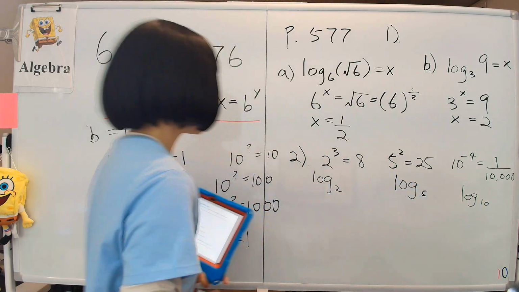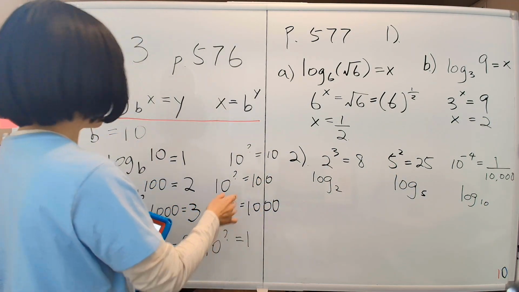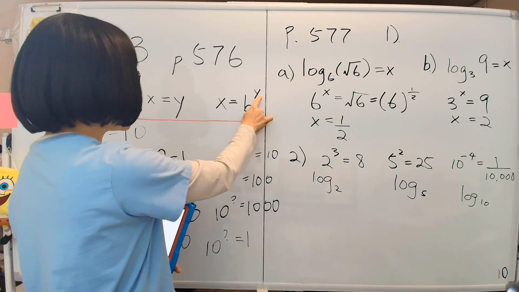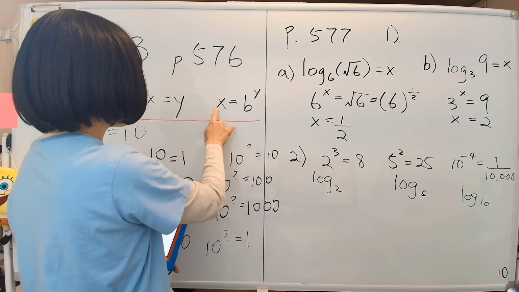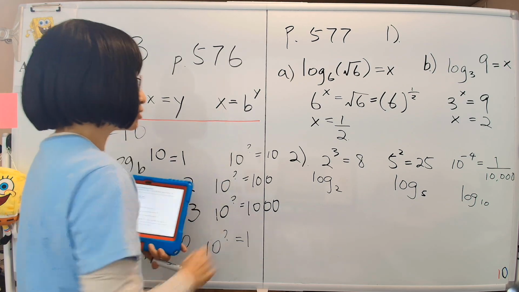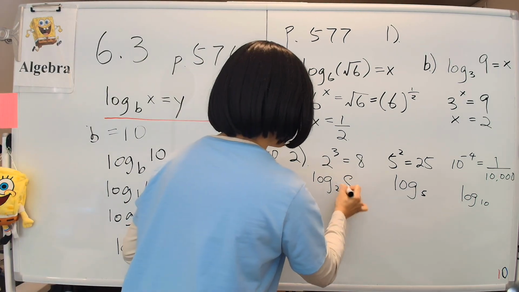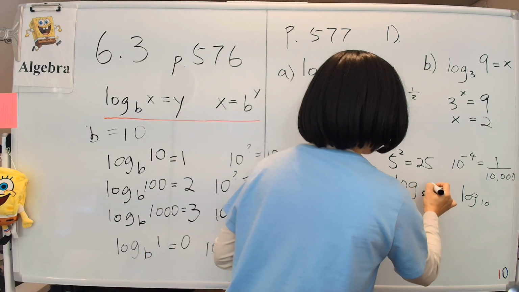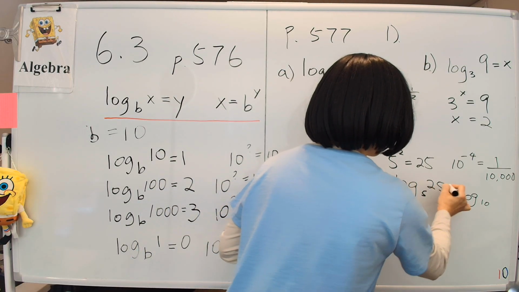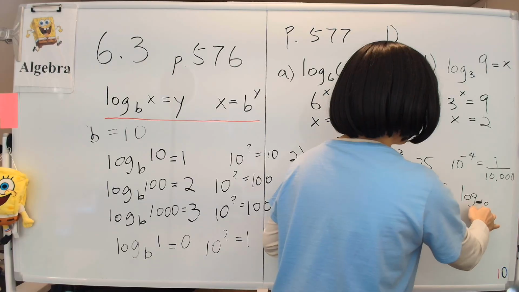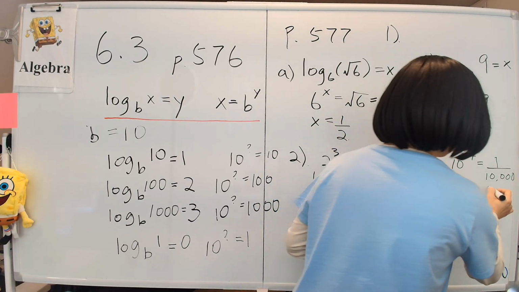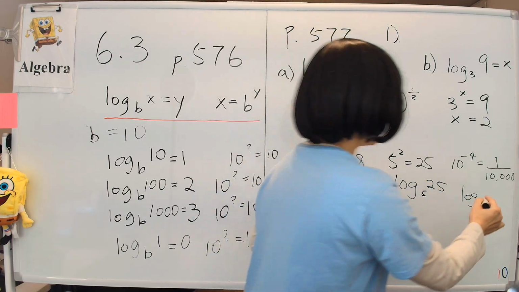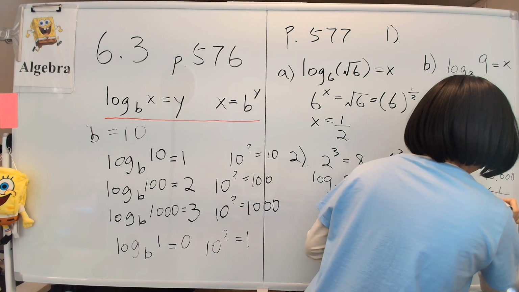That's the base. I'm just writing them all at the same time. So that's b, and then y is the answer, but x is what it equals. This is log base 2 of 8, this is log base 5 of 25, and this is log base 10 of 1 over 10,000.